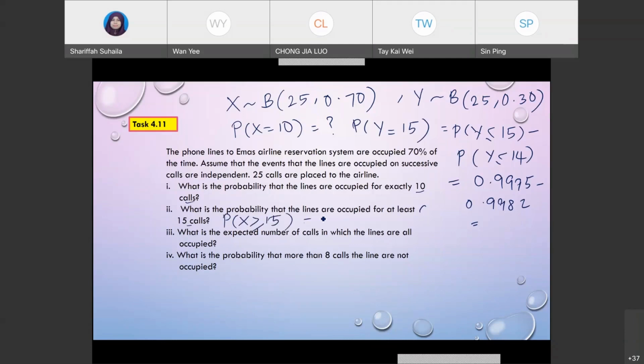Change to Y: 25 minus 15, so probability Y less than or equals to 10. So directly read from your stats table. N 25 by 0.3, so 0.9022.